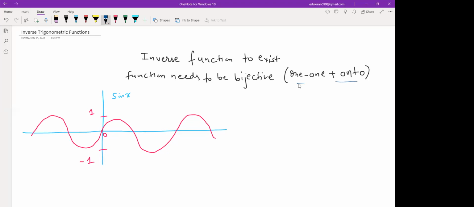If we want to understand this function, take sin x equal to half.